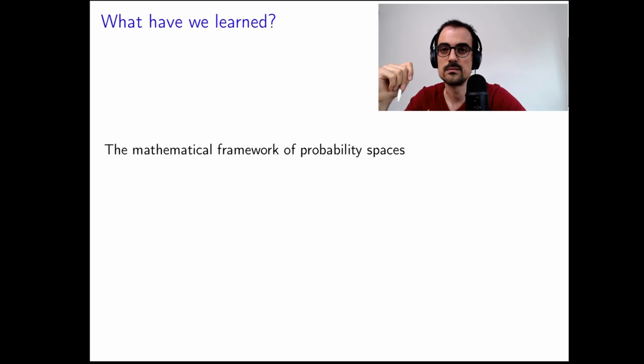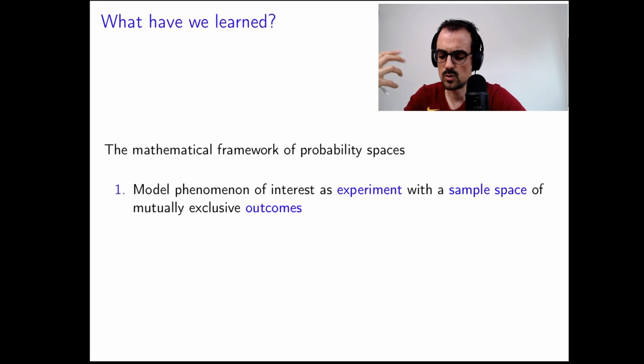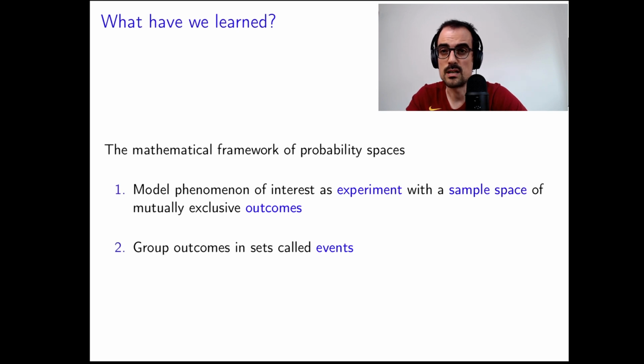And that's basically it. Okay, so let's do a quick summary of what we have learned. We have learned the mathematical framework of probability spaces. It's all based on modeling this phenomenon of interest as an experiment with a certain sample space that has mutually exclusive outcomes. We group outcomes in sets that we call events, and then we assign probabilities to those events.